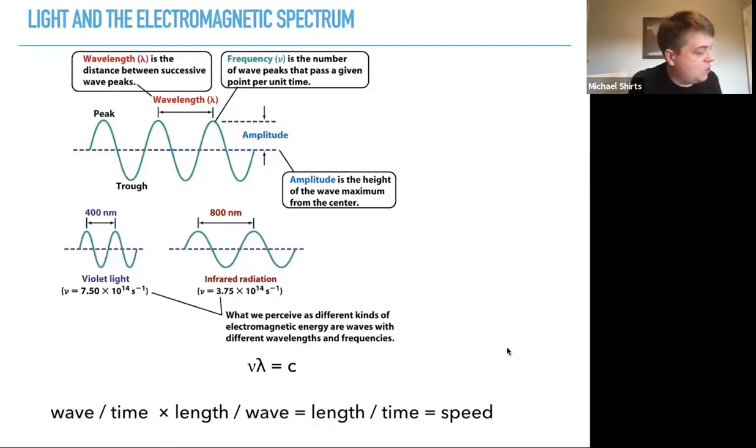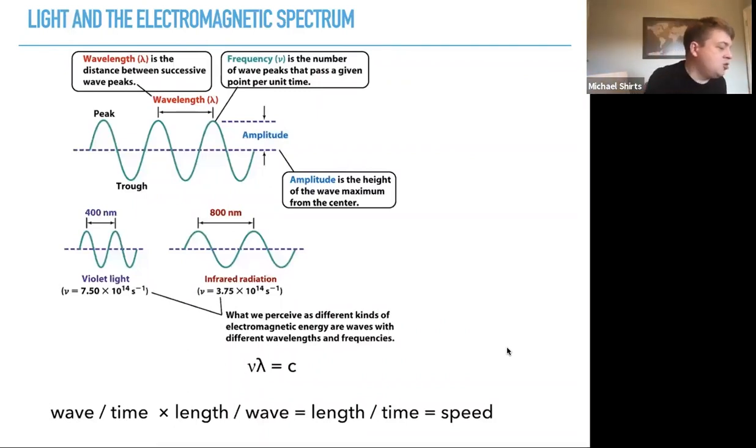So that's one way to remember that the frequency times the wavelength has to equal the speed of the wave. If you know how long it is between peaks, and you know how many peaks are passing per amount of time, then you know the amount of length that's passing per unit time, you know the speed.